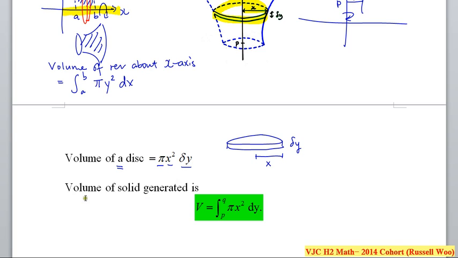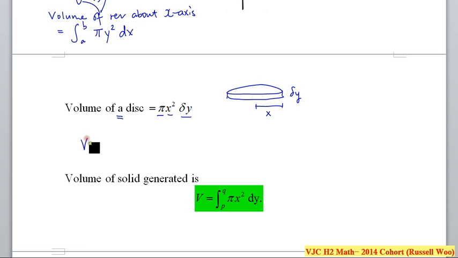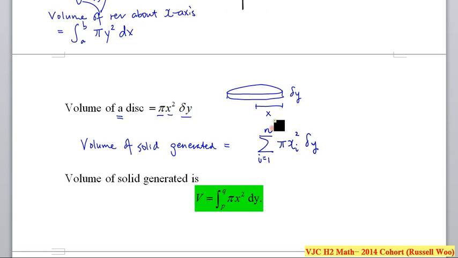Actually, if I want to insert one more step, the volume of solid generated is actually the sum, maybe before that, the sum of this, correct, when i equals 1 to n, correct, if you consider the thickness delta y tending to 0, okay, this is actually the volume.